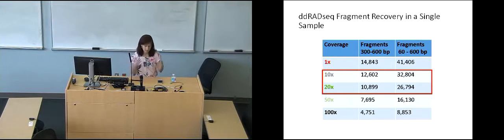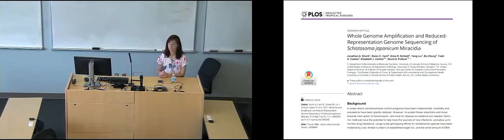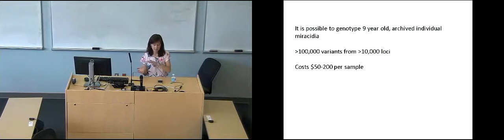And the good news is when we did this with multiple miracidia, we got very similar results. Replicable. This was just recently published with Jonathan as lead author in PLOS Neglected Tropical Diseases. We're really happy to have that out. When we did the method development, we worked with samples from 2010.